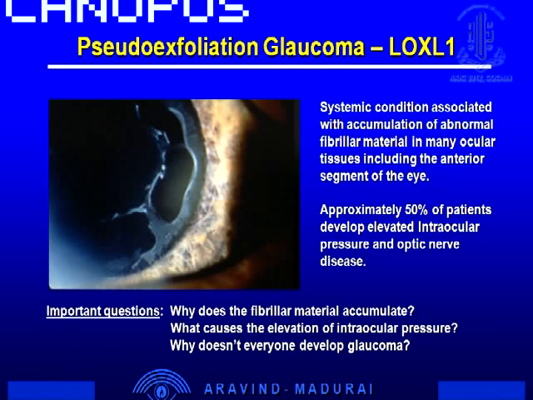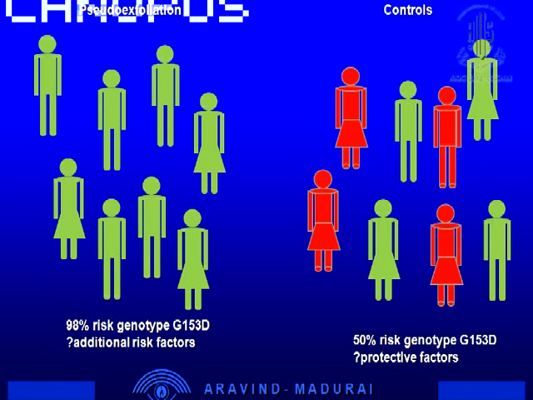And as I told you, right now we are working on pseudo-exfoliation glaucoma. In pseudo-exfoliation, there is a mutation called G153. If this particular mutation is there in the patient, they definitely have a 98% risk for pseudo-exfoliation. The same mutation is also there in the control population, and the risk for the control population is only 50%.